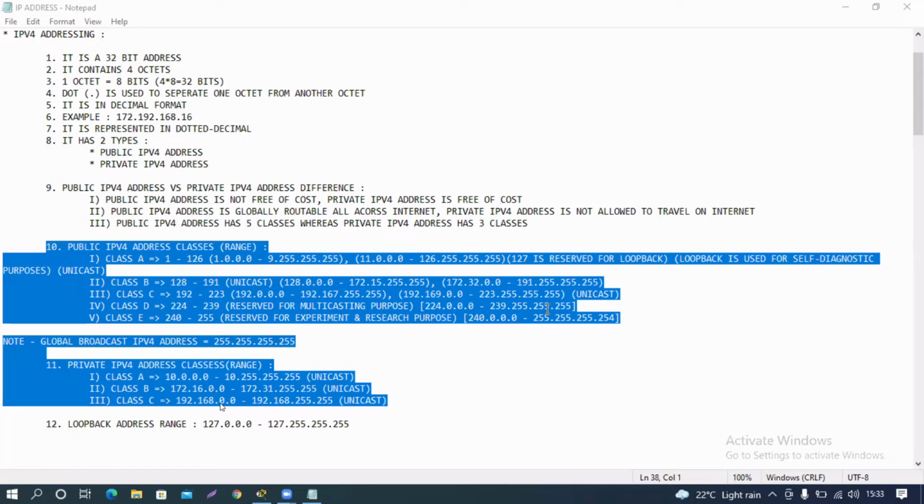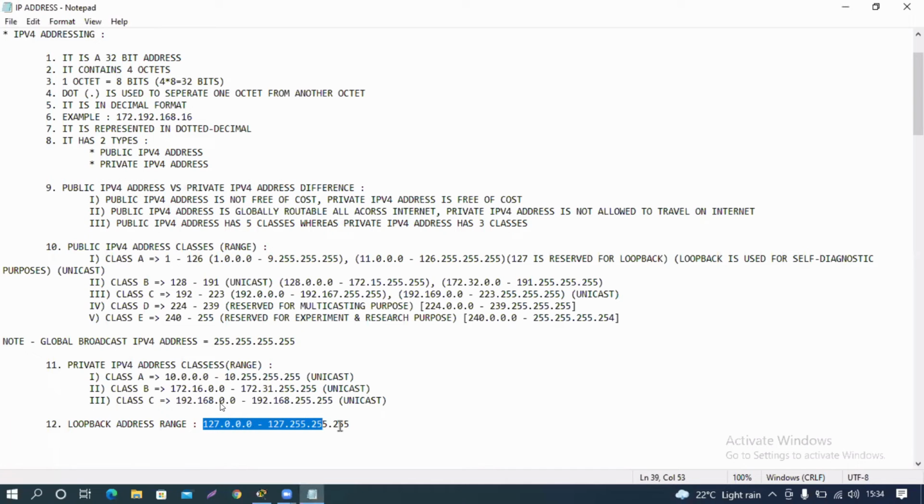Sir, there is a question about this loopback. We try to know whether our NIC card is properly working or not by this loopback system. That is correct. To know whether your network interface card is functioning and able to receive and send data, you can use the ping command and type any address from this range.